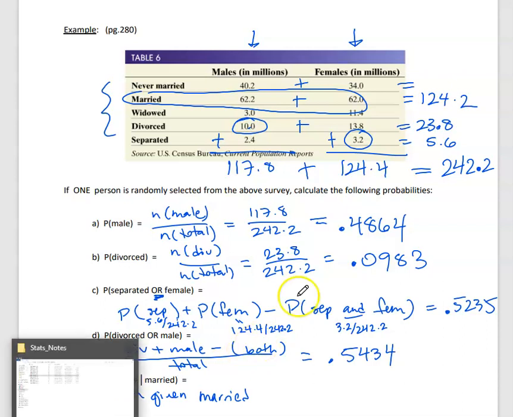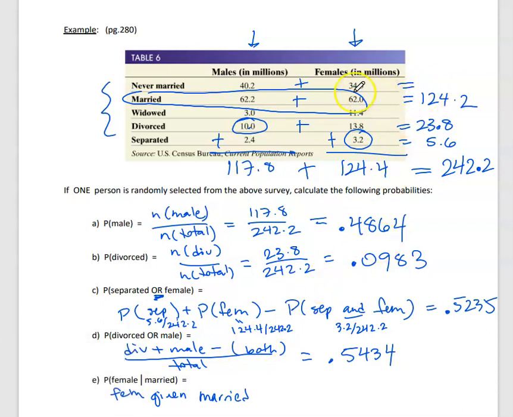We're just looking only in the married column. The females are 62, so there's 62 married females, and we're getting this probability 62 out of 124.2.